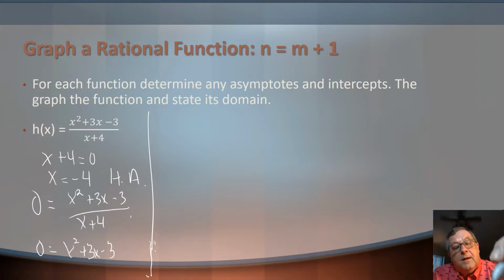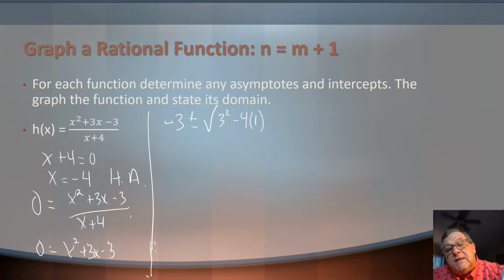So let's set that up. b in this case is +3, but we start off with a -b, so we have -3 plus or minus the square root of 3 squared minus 4, where a is 1 and c is -3, over 2 times 1.